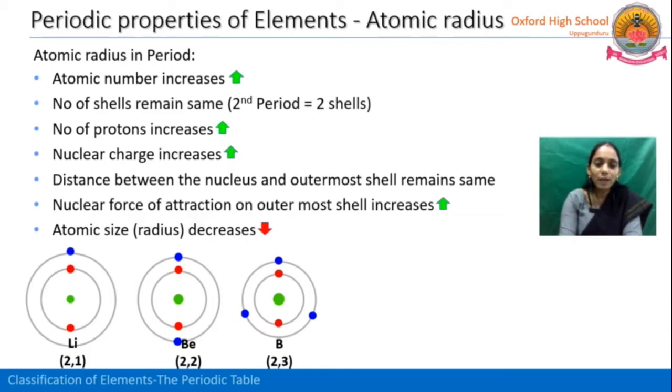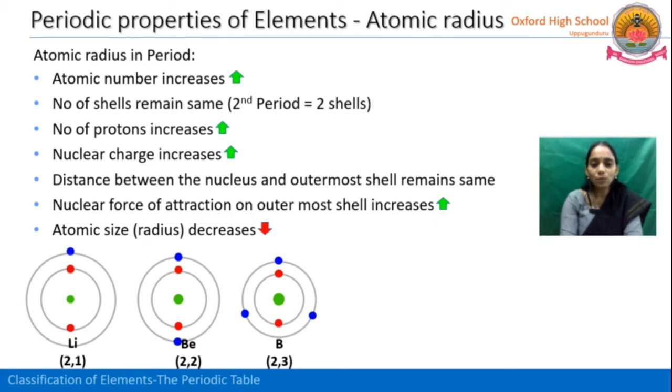So what will happen as a result? The positive charge in the nucleus increases. So the nuclear charge attracts and pulls the outer shell electrons towards the nucleus. As a result, the atomic size of the element decreases. See here, in boron also, the positive charge in the nucleus increases as it consists of 5 protons.